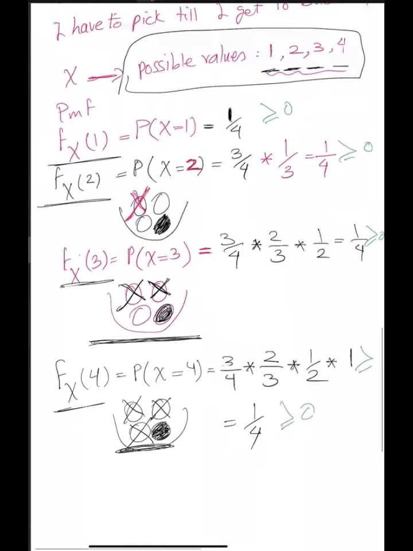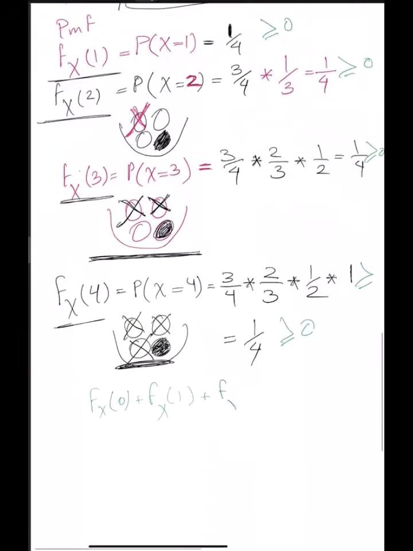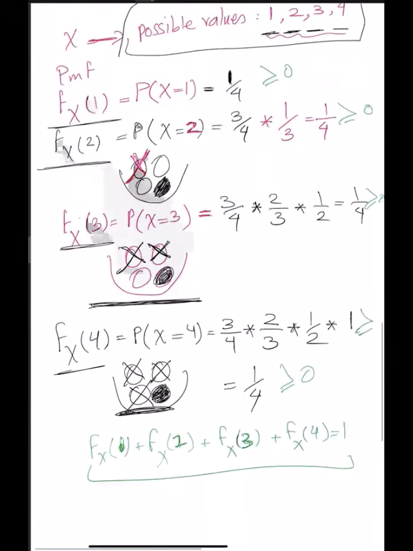And then their sum should be 1, which is the case here as well. So f of x0 plus f of x1 plus f of x2, x3, x4: their sum is 1 as well. So what we define here is a valid, correct probability mass function.